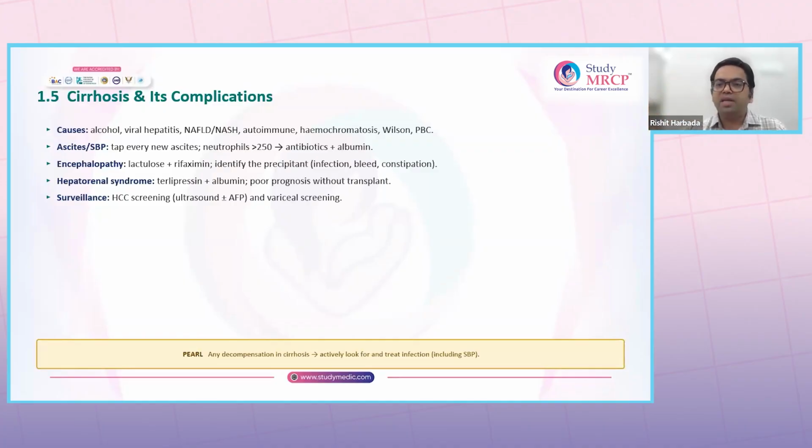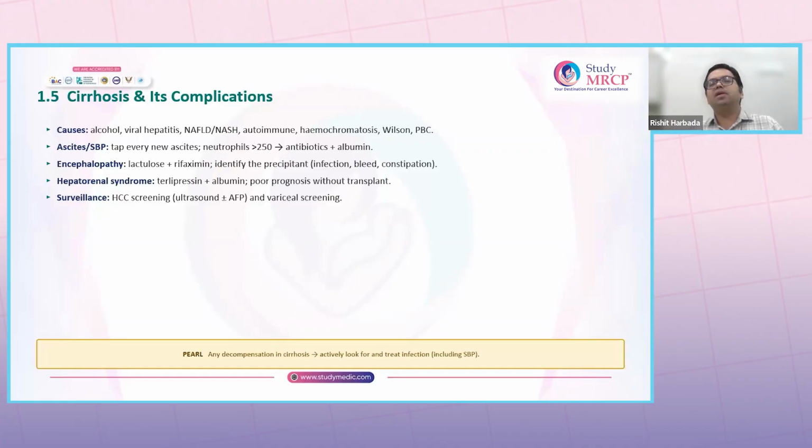If the body is not able to compensate and the patient starts developing significant fluid overload, pedal edema, ascites, portal hypertension, variceal bleeding, hepatorenal syndrome or hepatic encephalopathy, it is considered to be decompensated liver cirrhosis.